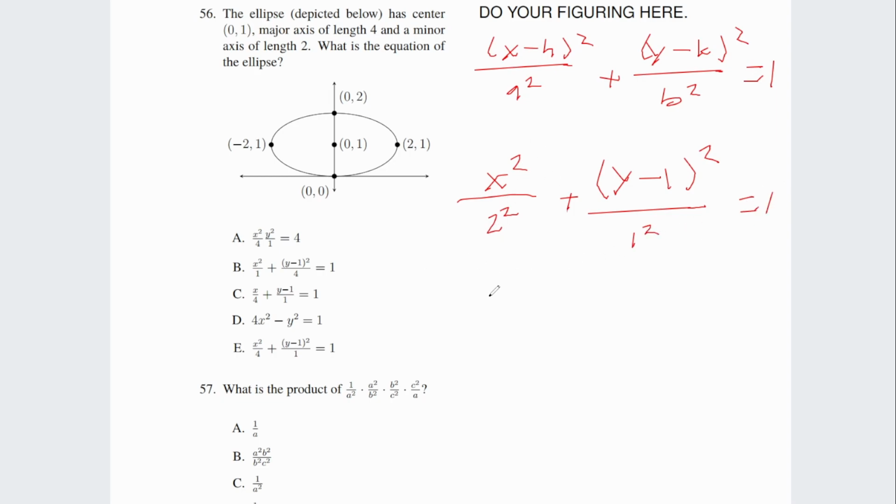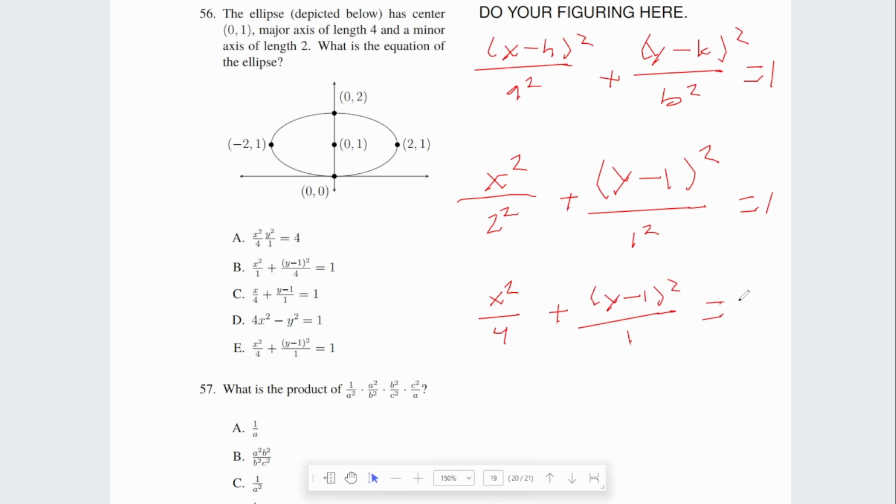So we can see we have x squared over 4 plus y minus 1 squared over 1 equals 1, which is answer choice E.